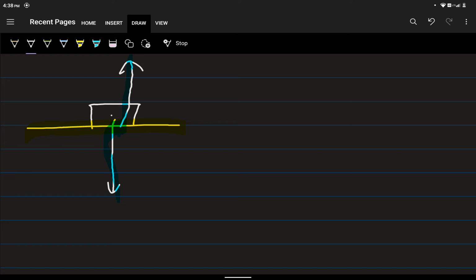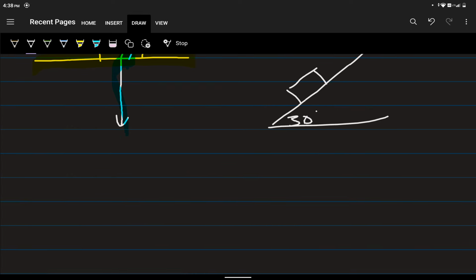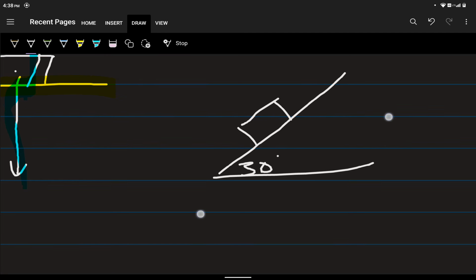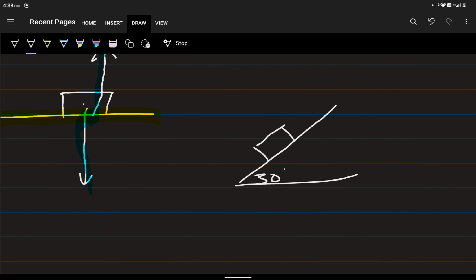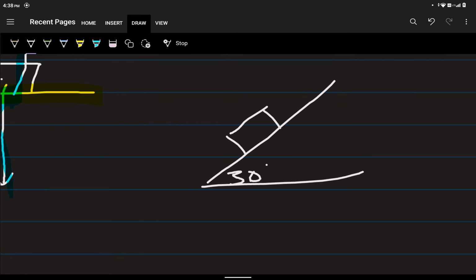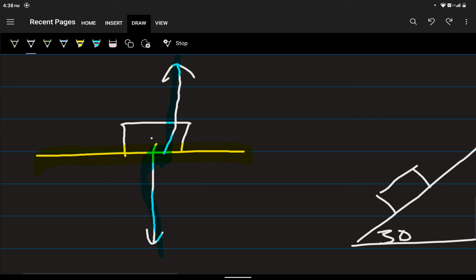You can also have an inclined plane where your object is sitting at an angle. Let's say the angle is 30 degrees, right? And when you have something like this, now the normal force is no longer going to be equal to the gravitational force. And this is why.